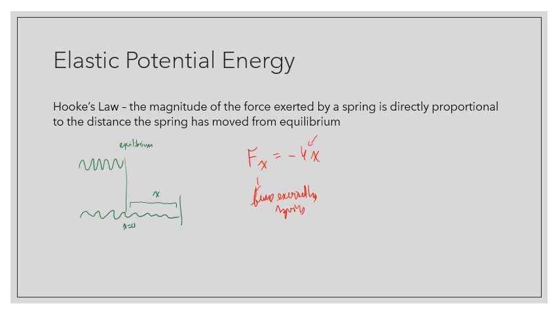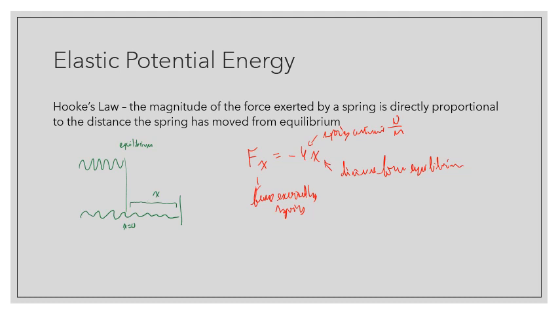This k is the spring constant. It will be given in newtons over meters. And this is x, the distance from equilibrium. Equilibrium is the resting position of the spring, and you can pull it out or compress it, and the distance away from equilibrium will be the x.